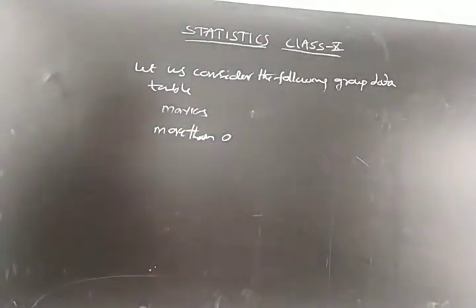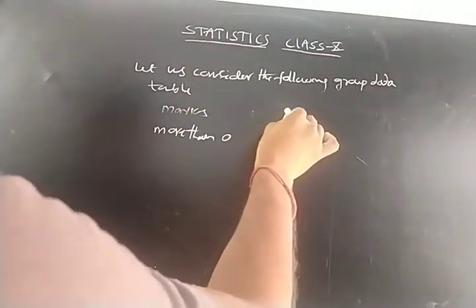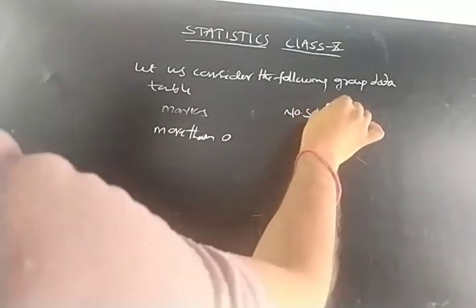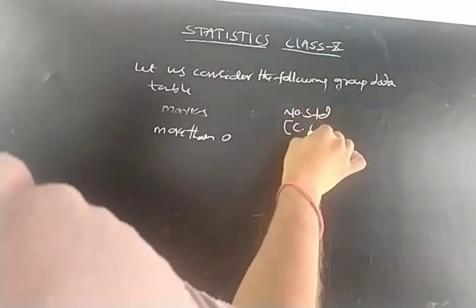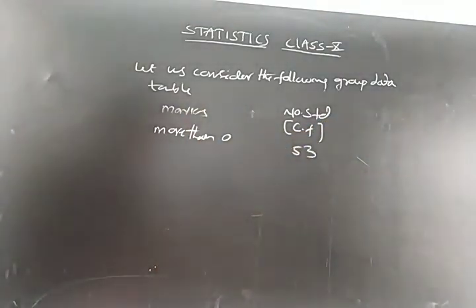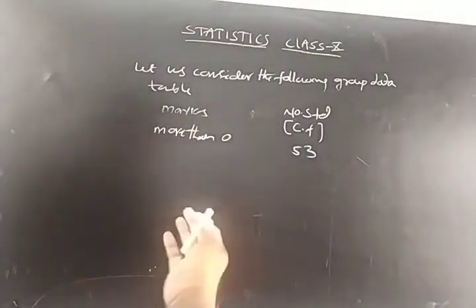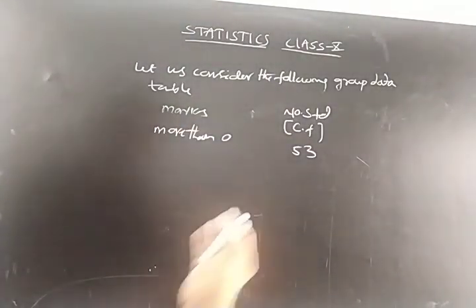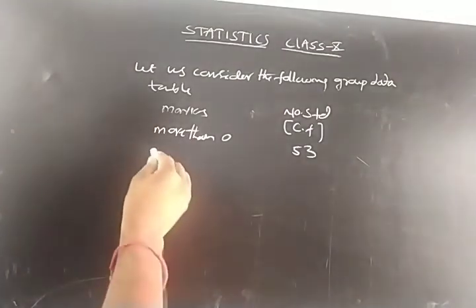More than 0 marks means 0 to 100 marks. The number of students, which is the cumulative frequency, I am writing. Total 53. Same table, but I am writing more than 0. More than 0 means less than 100, so 53 students. In reverse order I am writing here.